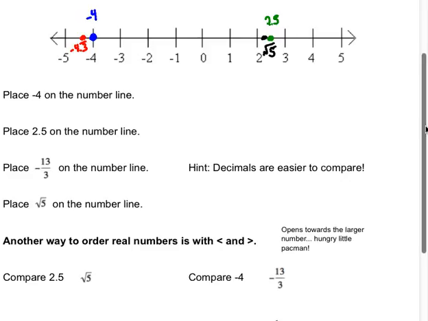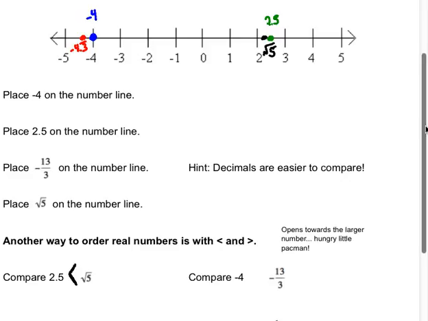If I'm asking you to compare 2.5 and the square root of 5, you can see on the number line, 2.5 is bigger, because the square root of 5 was only 2.24, and 2.5 is a little bit bigger than that. So I'm going to have it open towards the bigger number, 2.5.